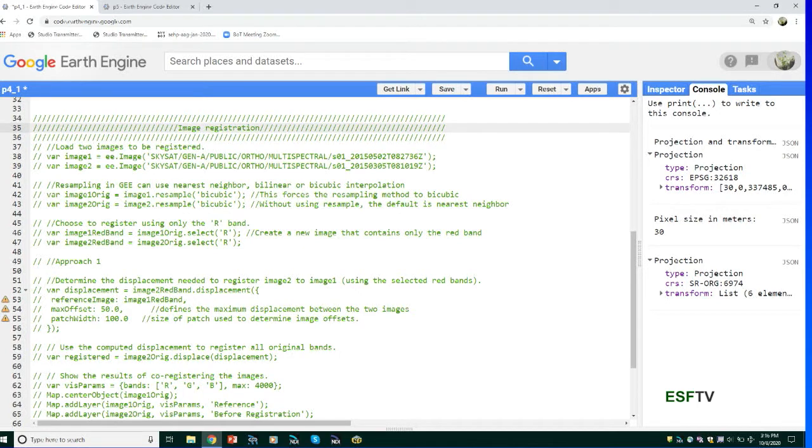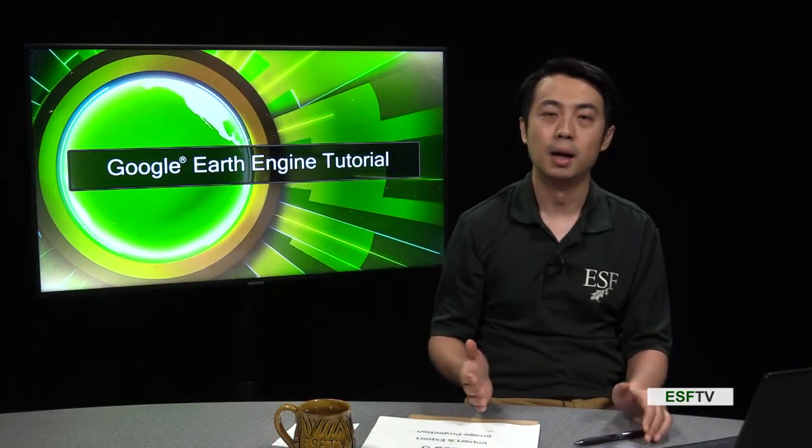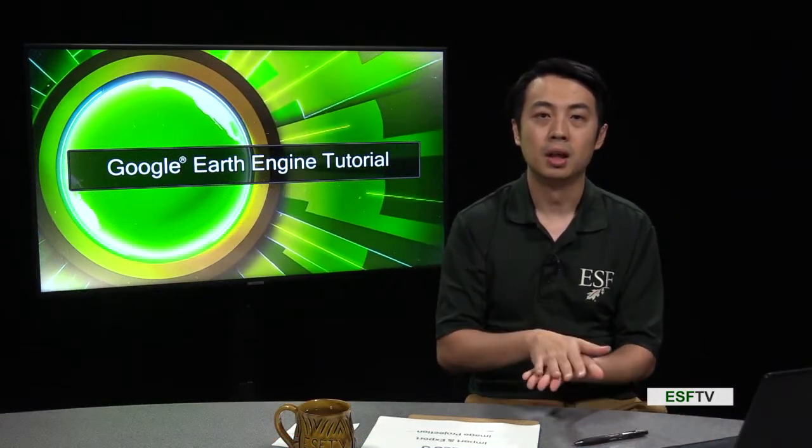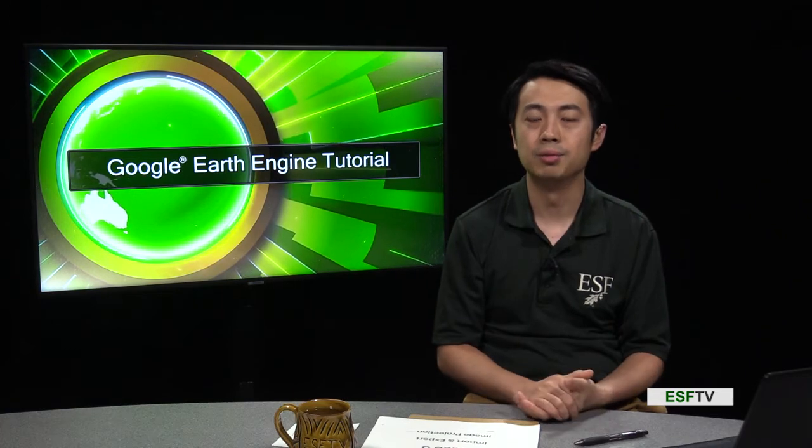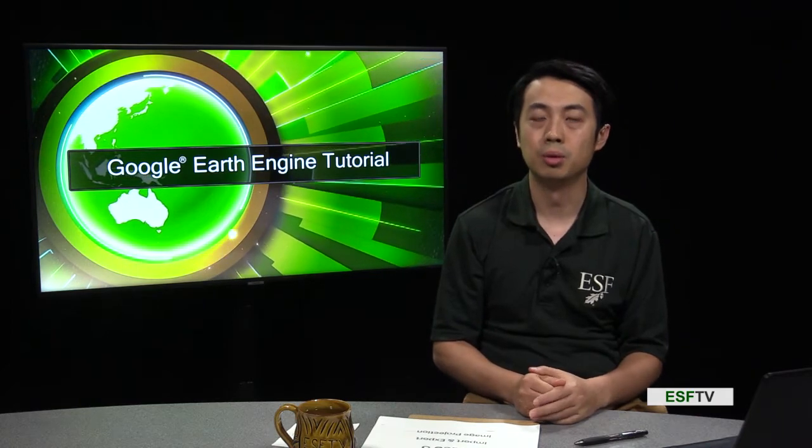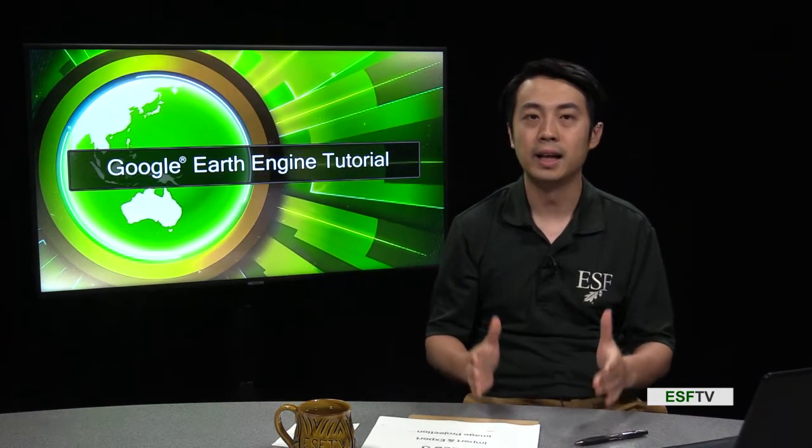It's very similar to the concept of image projection, but image registration is often used to match two images on top of each other. Many times when we are taking aerial photos at the same location, it's very hard to make sure you are taking them at exactly the same spot.